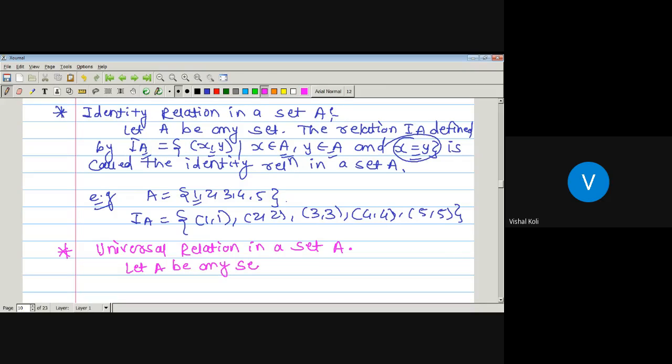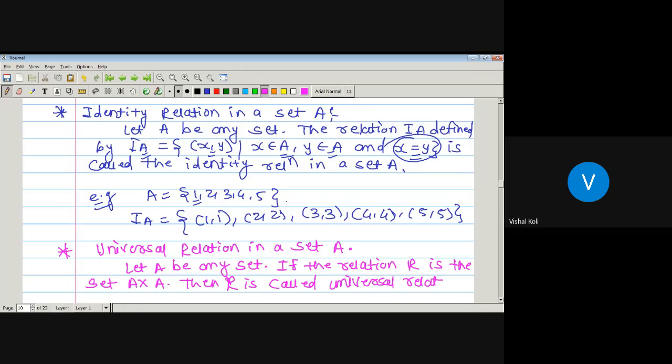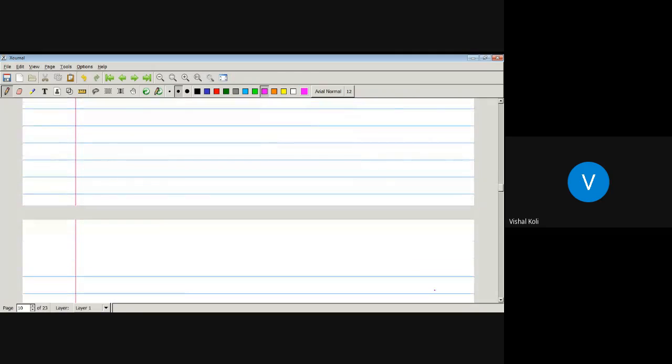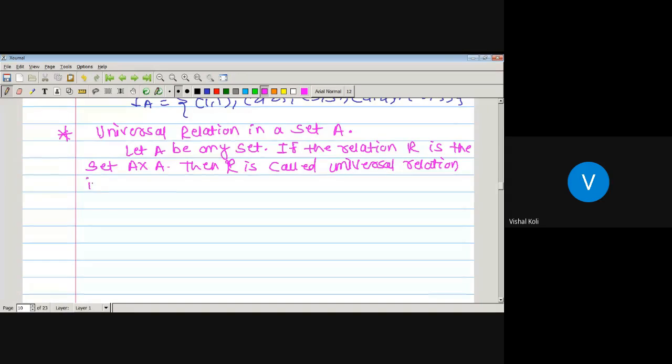Let capital A be any set. If the relation R is the set A cross A, then R is called the universal relation in set A. So if we have any set A and our relation R is nothing but the set A cross A itself, then such a relation is called a universal relation.